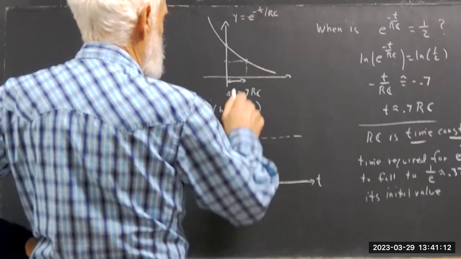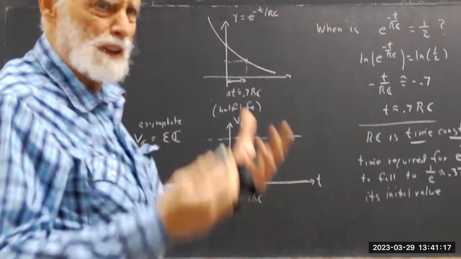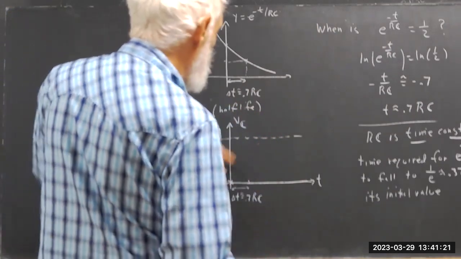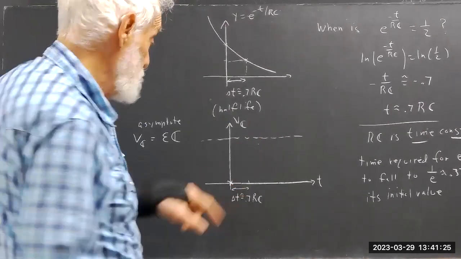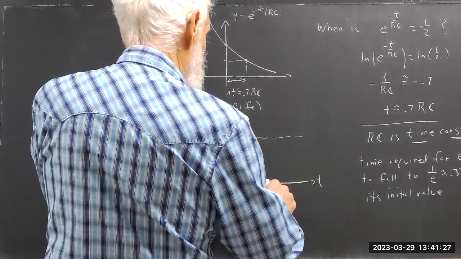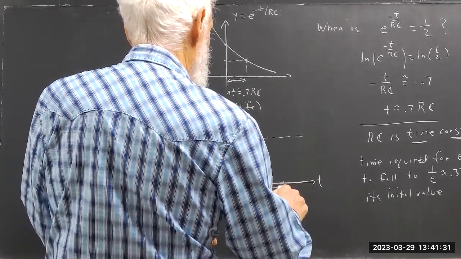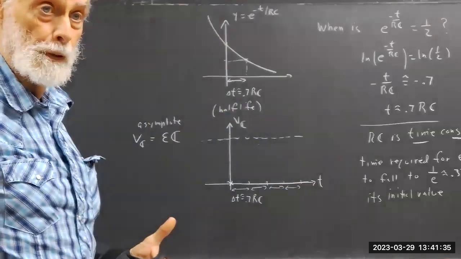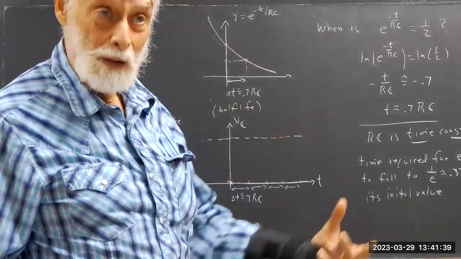That's approximate, but all I've got to say is 0.697. Then it's going to approach this halfway in this time, and then in that time again, and in that time again, and again, it's going to keep approaching halfway. By the time it's done that 4 times, it's down to 1/16.